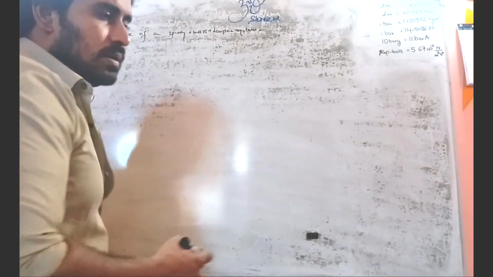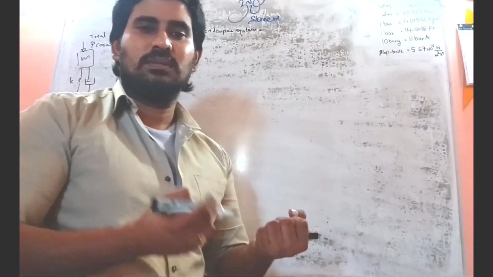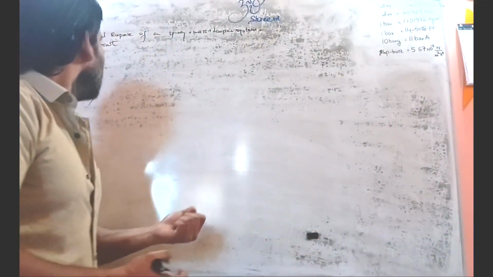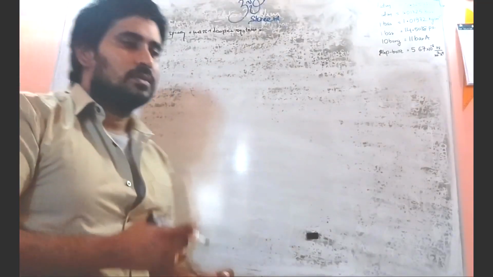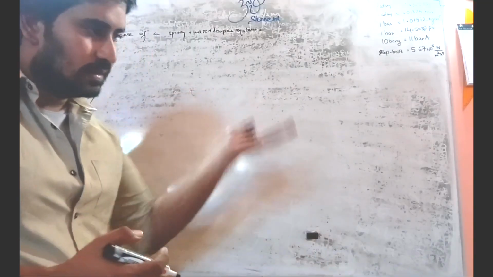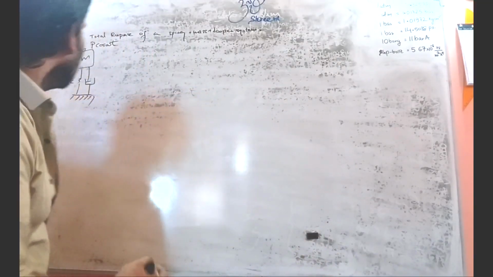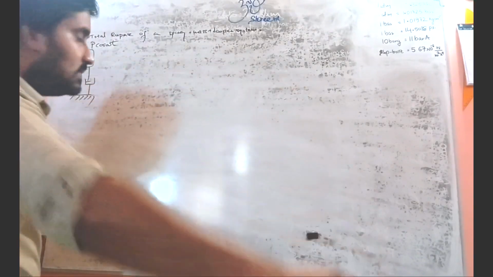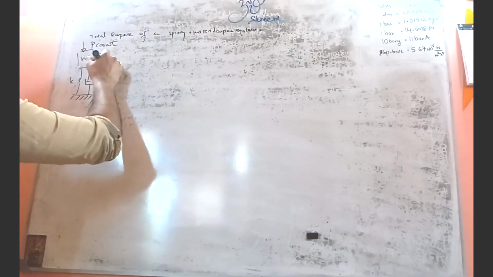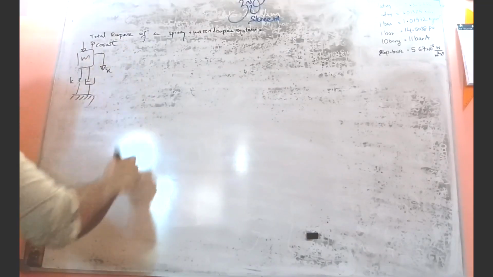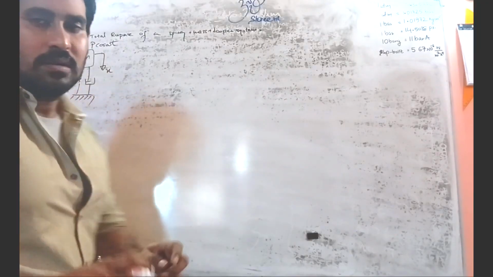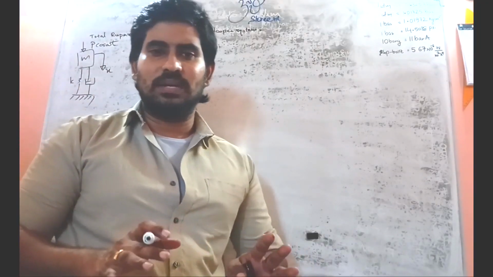That we use to reduce the vibration. It actually obstructs that motion. Also, this is the direction of motion, X displacement, let us say downwards.